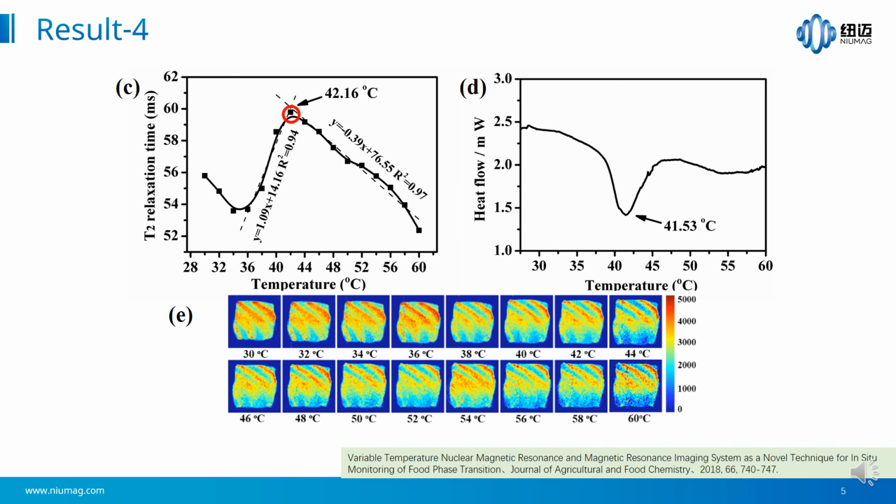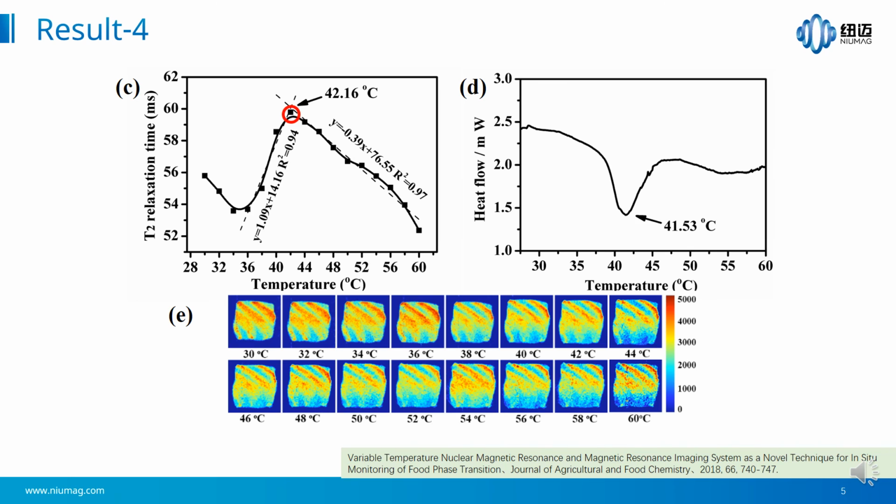Let's check. Graph C shows T2 versus temperature, and we got the heat denaturation temperature by two linear models. The red circle I marked here tells us the temperature is 42.16 degrees.